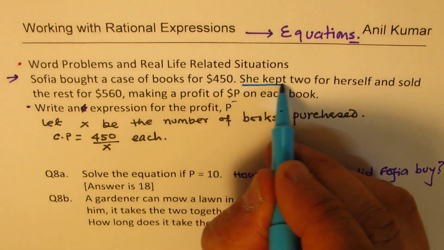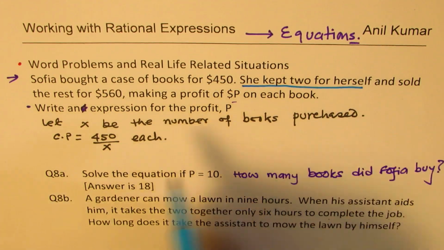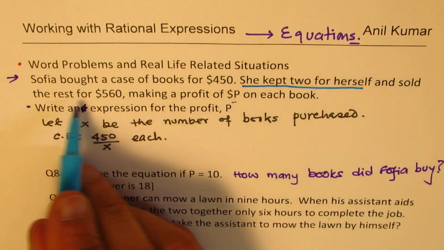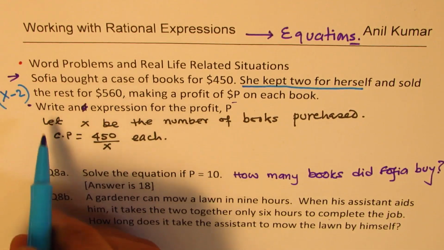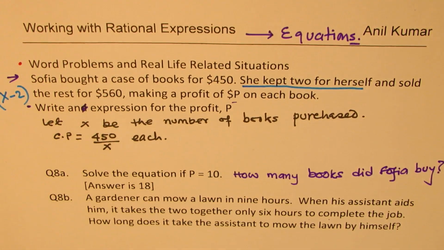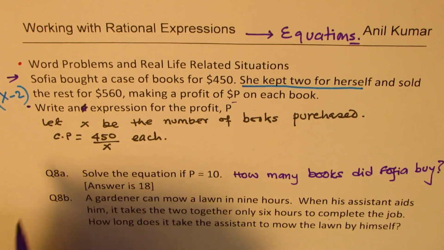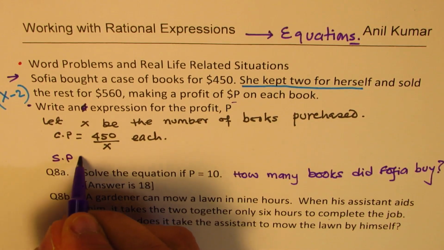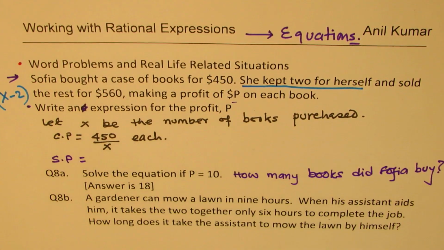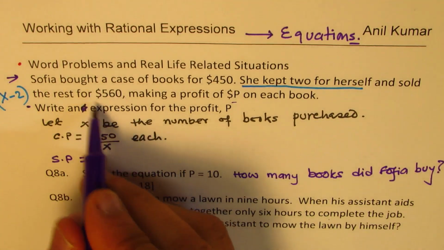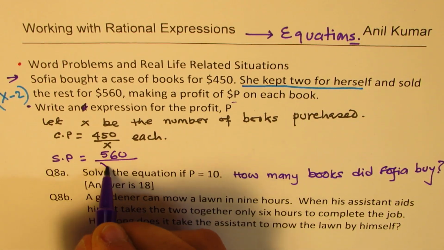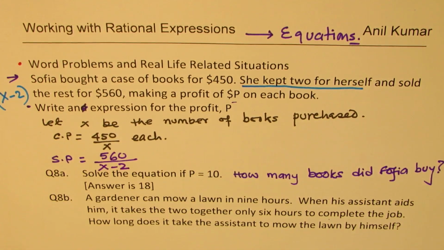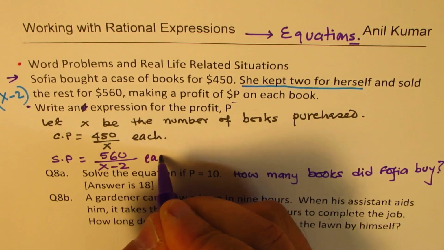So she kept 2 for herself. That means if X was the amount, rest means what? Rest means X minus 2, right? Were sold for $560, right? So in that case, the selling price will be how much? Selling price will be, the cost is 450, selling price is 560, but only for X minus 2. Do you see that? So that much each.